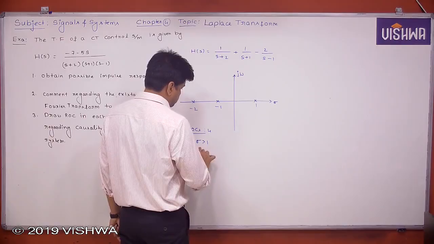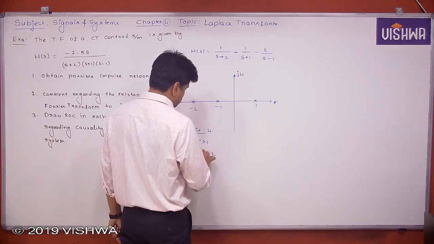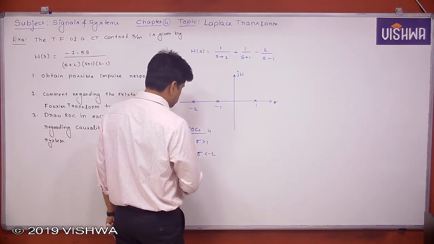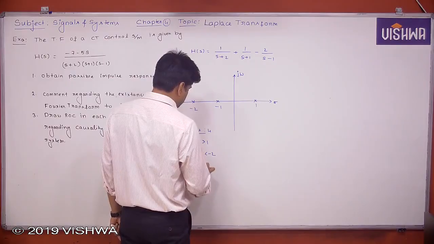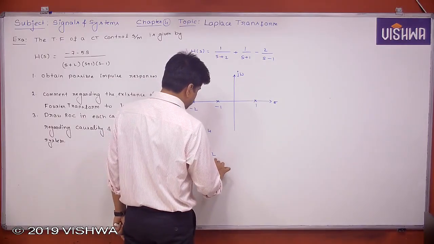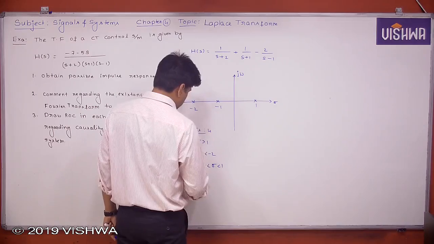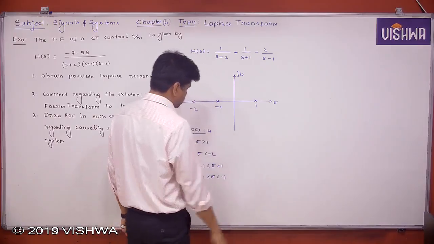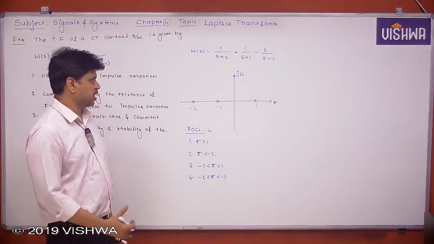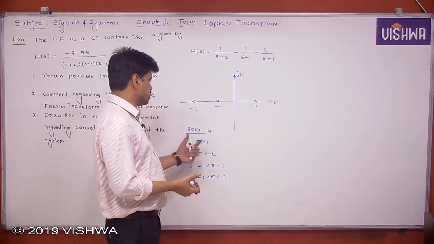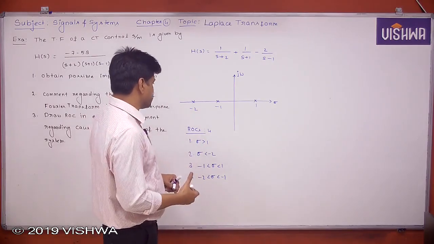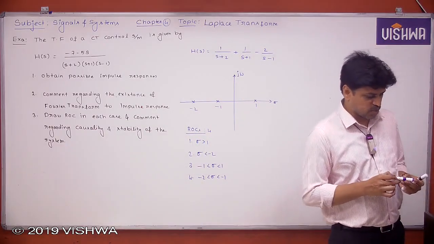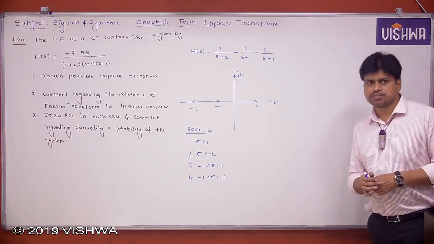Second one, sigma less than -2. Third one, sigma lies between -1 and +1. Fourth one, sigma lies between -2 and -1. These are the 4 ROCs. Correspondingly, we have to write, for each ROC, the inverse Laplace transform. Whether it has a Fourier transform, whether it is stable or causal, these kinds of things we have to check. First take up to this.